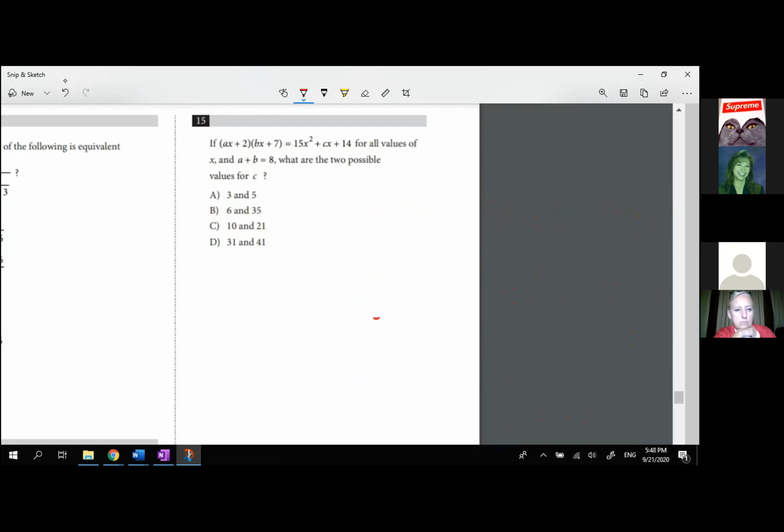So I took the fact that ax plus 2 and bx plus 7 had to come out to be 15x squared plus cx plus 14. All we need to know here is the fact that when you distribute, ax times bx has to equal the first one. Because you've got two x's, that'll equal x squared, and the only x squared you have on the right side is 15x squared.